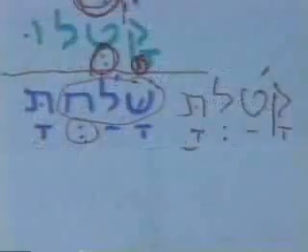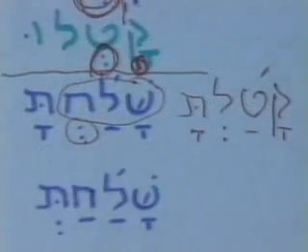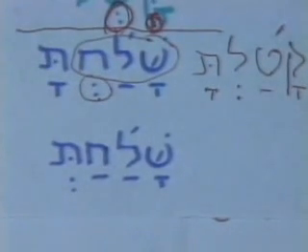Now, here's an example, however, of where a third guttural does run up against something weird. All right? And so far, this is about as bad as it gets. Because this is weird. It's not even completely predictable and explainable, but this is figure-outable.